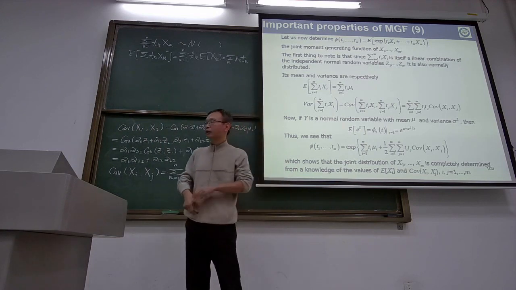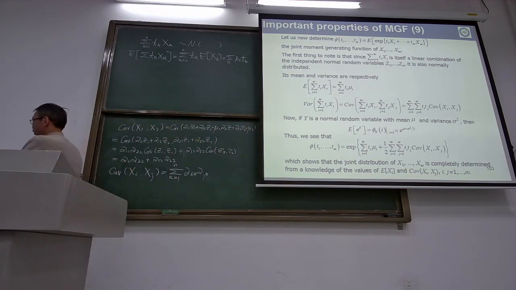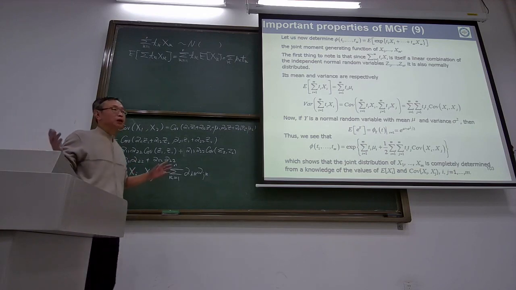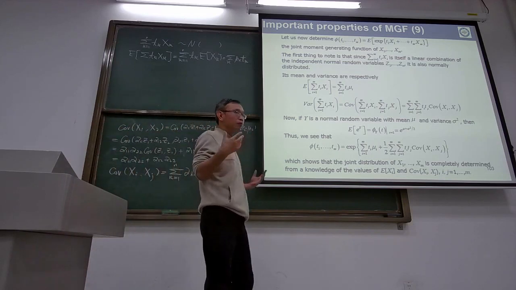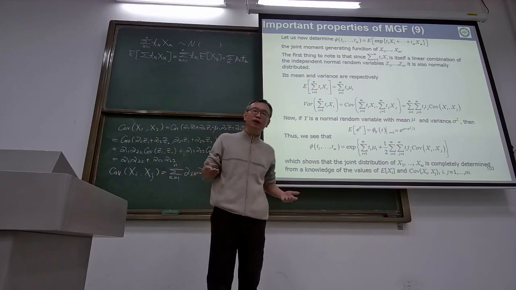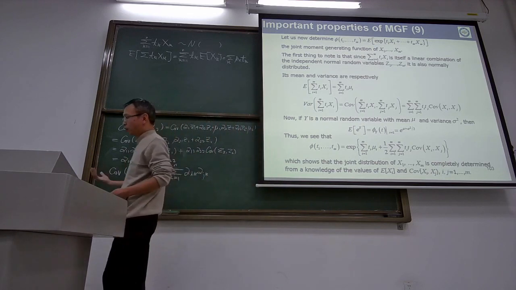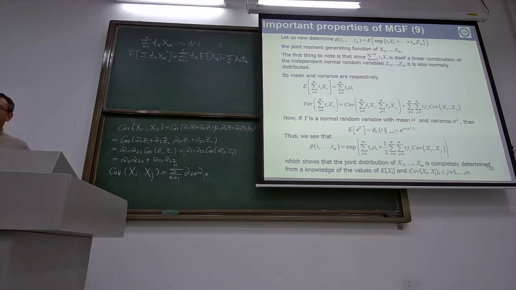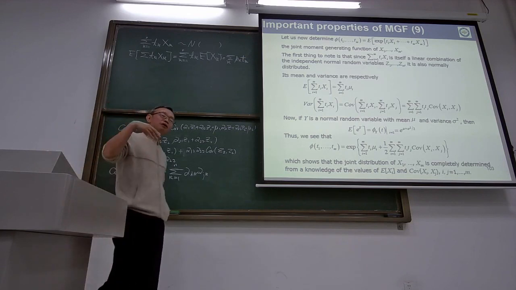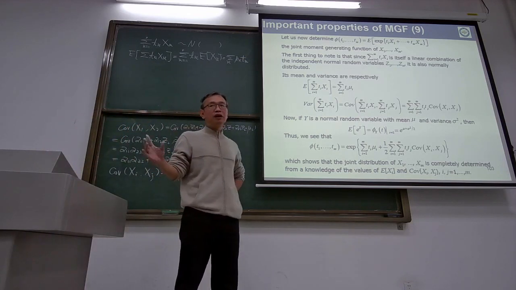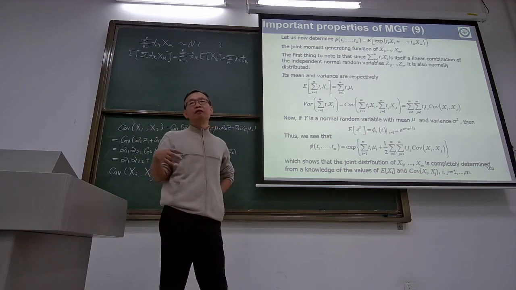We summarize the content we have learned in this part. In the previous section, we just used the definition to find expectation and variance. We needed a long procedure. But if we know the moment generating function, then it is very easy: just differentiate the moment generating function with respect to t and evaluate at t equals 0, and it's very easy to find the nth moment. If we have the nth moment, it's very easy to obtain the expectation and variance.